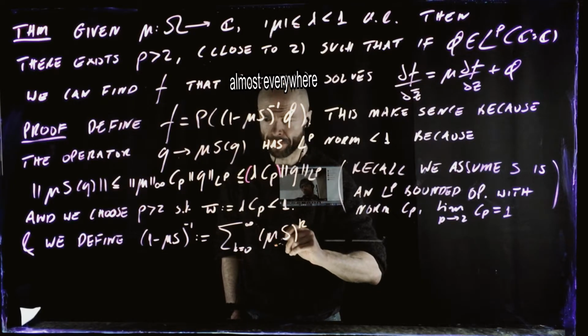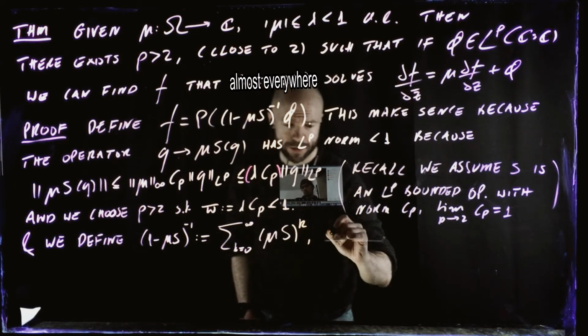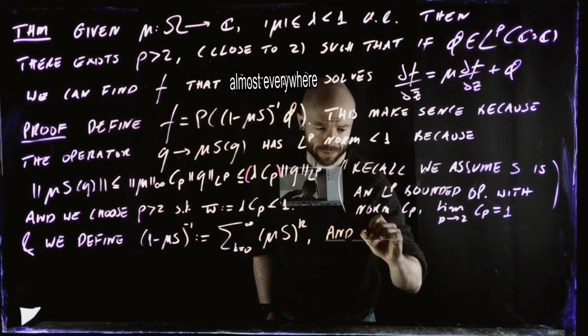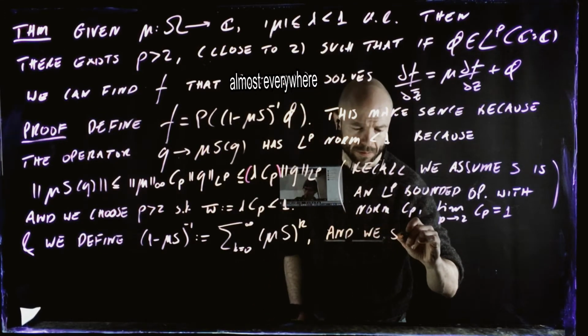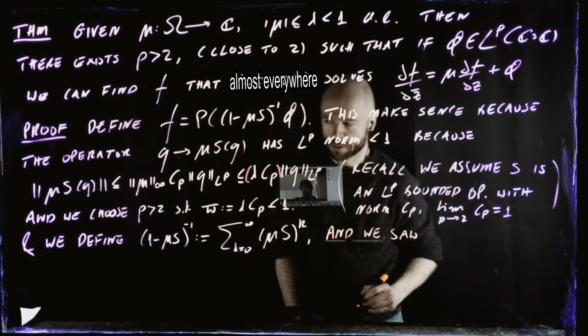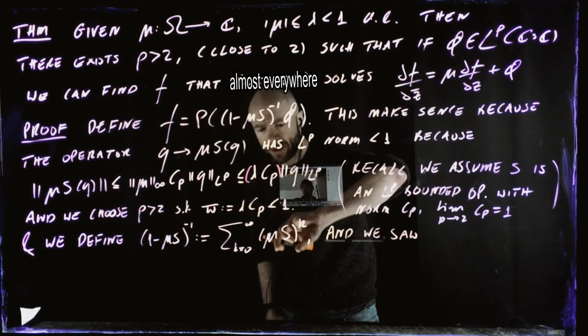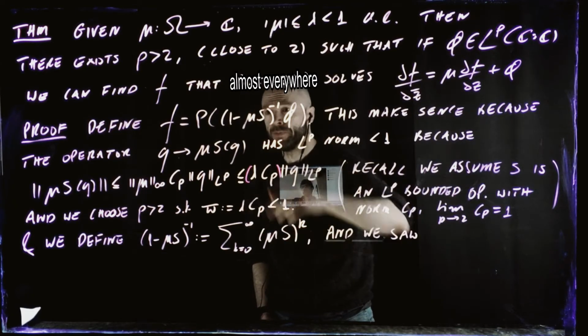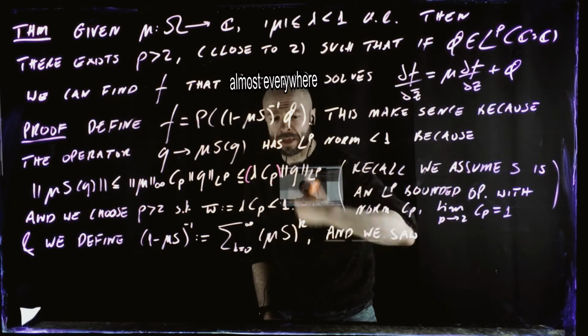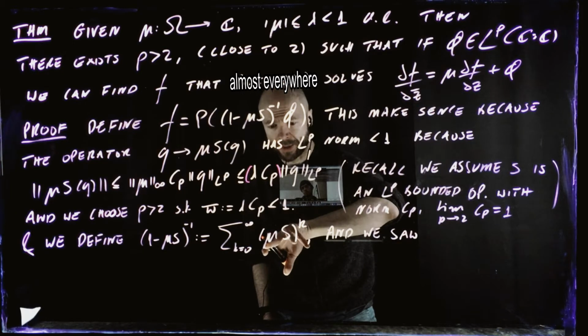Okay, yeah. And we learned, with this definition, that when we apply this operator to an L^p function, then we do get something in L^p out at the end, just by summing up the contribution of these norms, right?